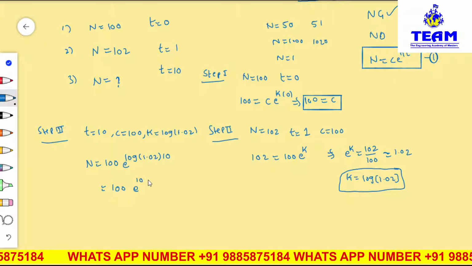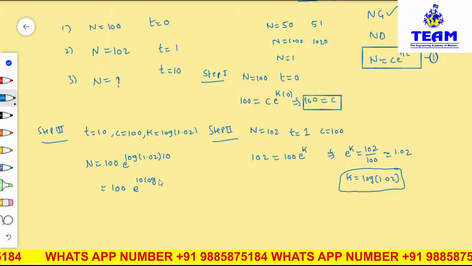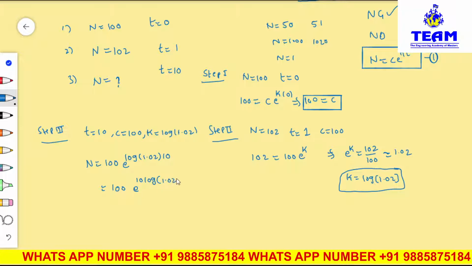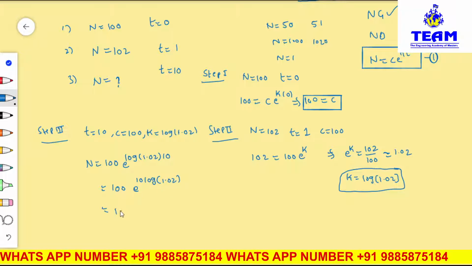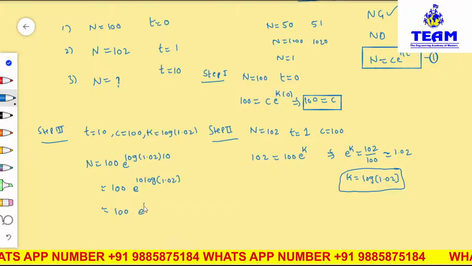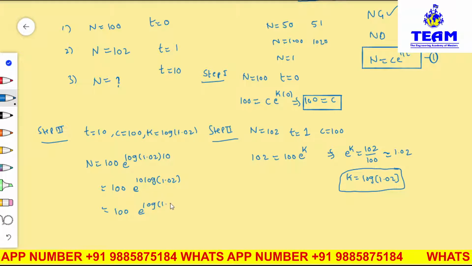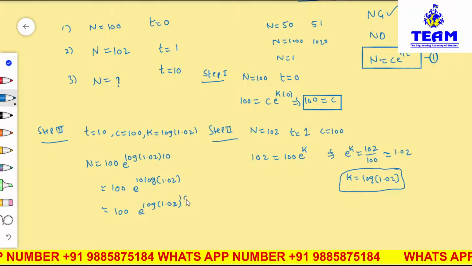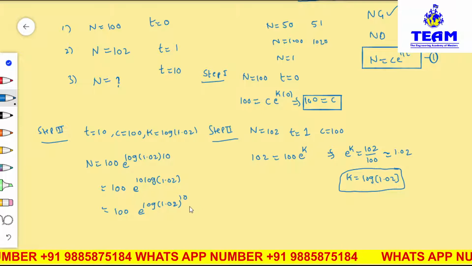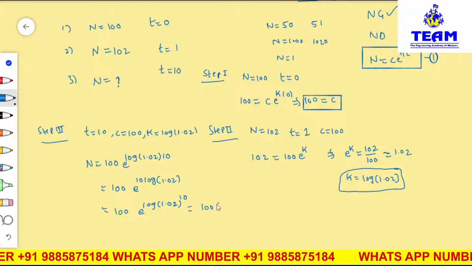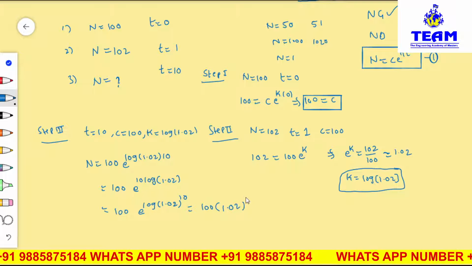I can also write this as 10 log of 1.02. And again this is equal to 100 into e to the power of log of 1.02 to the power of 10. So e and log getting cancelled. Then you will have 100 into 1.02 whole to the power of 10.